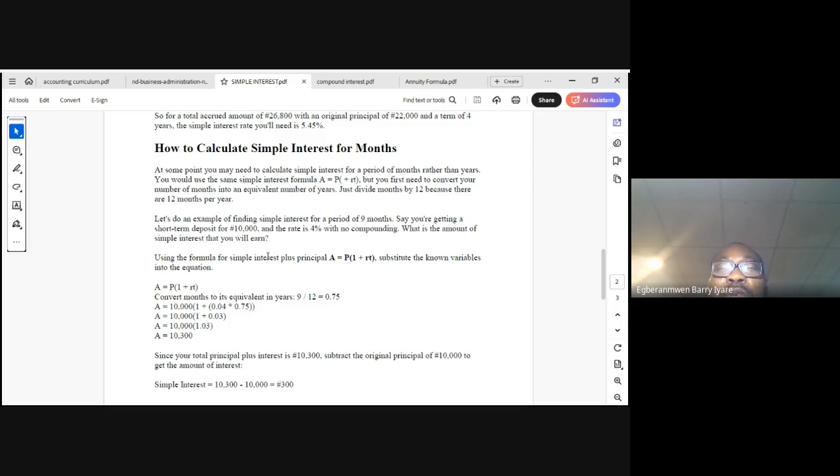In other words, you are asked to calculate the simple interest that you are going to earn at the end of 9 months. So I'm still going to use the same formula for amount, which is A equal to P into 1 plus RT. From the question, we have P to be 10,000 naira.